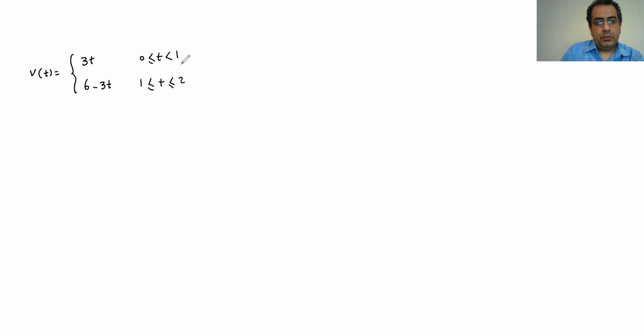So let's look at another quick example. What if this time we have the V(t), but it's going to be 3t and 6 minus 3t, for t between 0 and 1, and for t between 1 and 2.